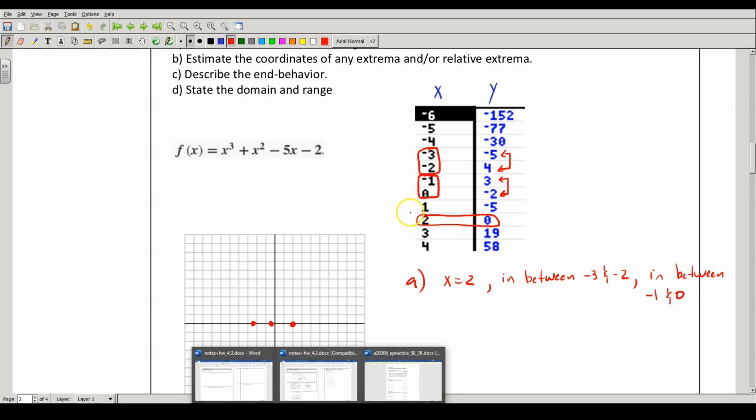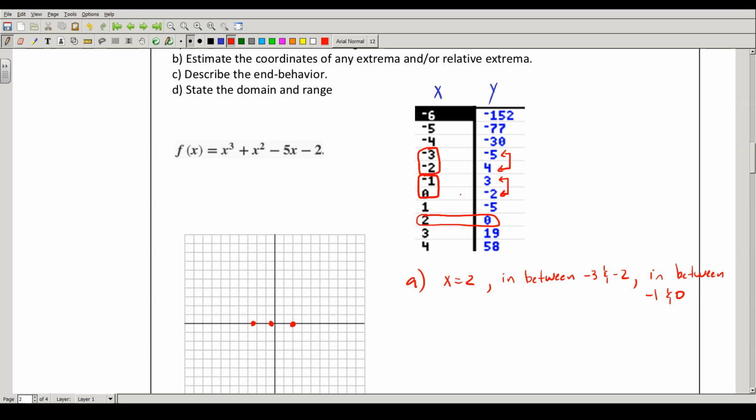Now part B says estimate the coordinates of any extreme values. So that's going to be any high points or any low points, any relative maximums, relative minimums. So how do we find those? Now we're going to look at more patterns of the y values, specifically where the y value is changing from increasing to decreasing.